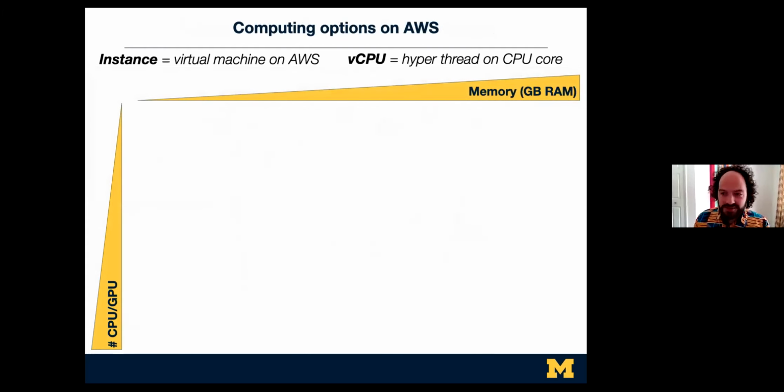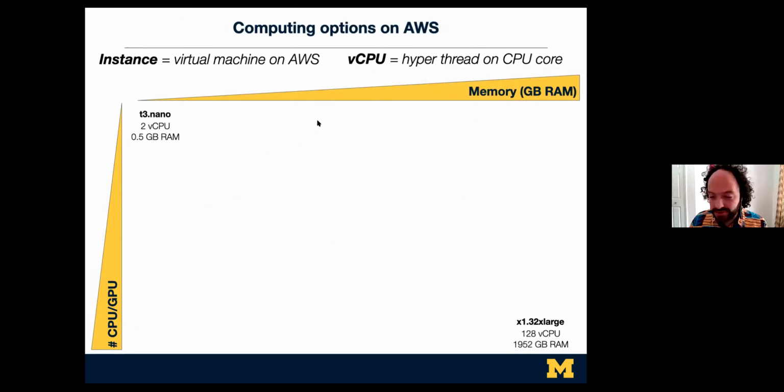To give you a sense of what's happening on the cloud, I'm talking a lot about AWS. This applies to all the cloud providers, but this is just to give you a sense of things that are available, and also a little bit of the cost that happens. I'll be mentioning things called instances, which are virtual machines on Amazon, and you can plot this on, let's say, how much memory the machine has versus how many CPUs or GPUs there are.